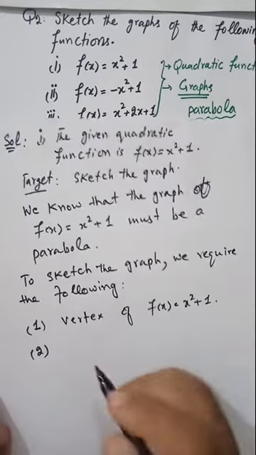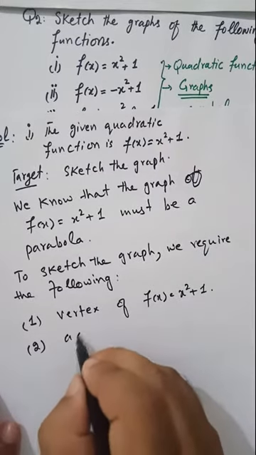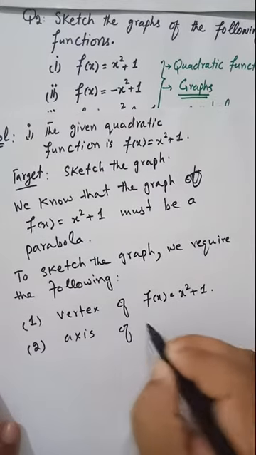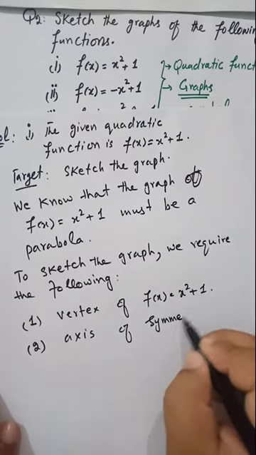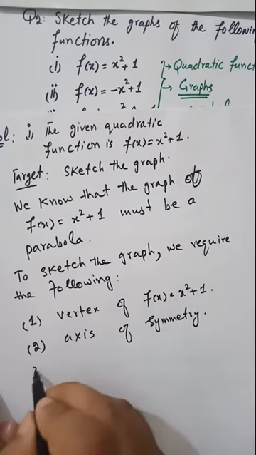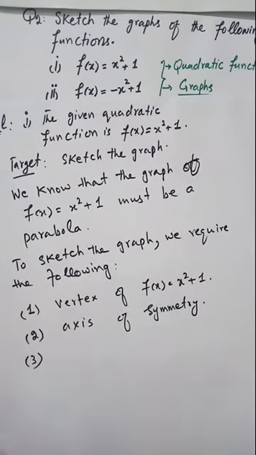Number 2, we need the axis of symmetry. Number 3, we need the general shape of the function, that the branches will open upward or downward.